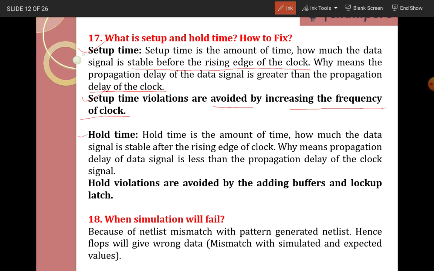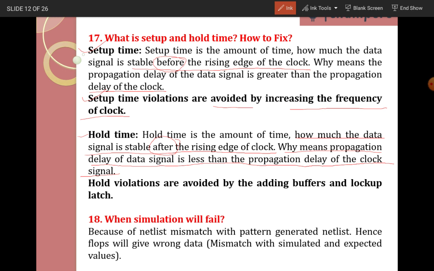Next, coming to the hold time. Hold time is the amount of time the data signal is stable after the rising edge of the clock. Setup time is before and hold time is after the rising edge of the clock; you have to remember that. It happens when the propagation delay of the data signal is less than the propagation delay of the clock signal.